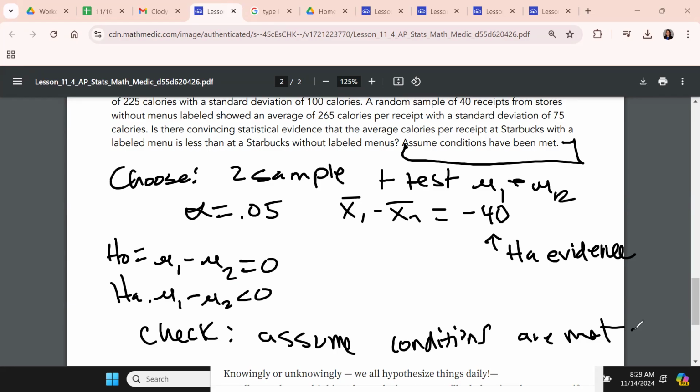Do better. Hurry up. Also, for your picture, you should have 0 and then -40, and then you're shading that region in.